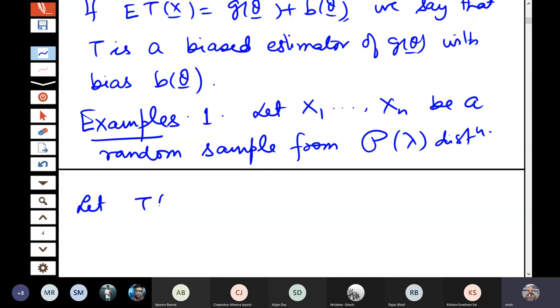Let us take, say, T(X) to be the mean of these observations, 1 by n sigma Xi.